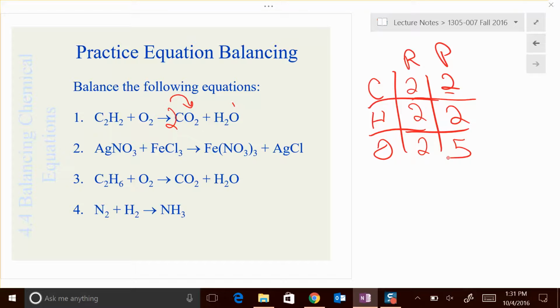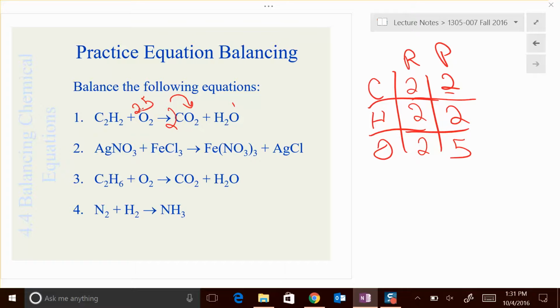So what's 5? 2.5. 2.5 times 2 is 5. Now, can you actually have a half an oxygen molecule? No, you can't. This is a tool. It allows me to figure it out. Okay? I now have a balanced chemical equation, but I have to get rid of the half.